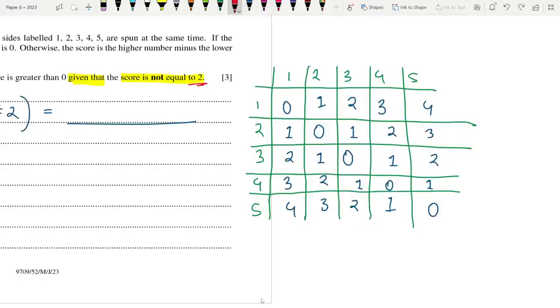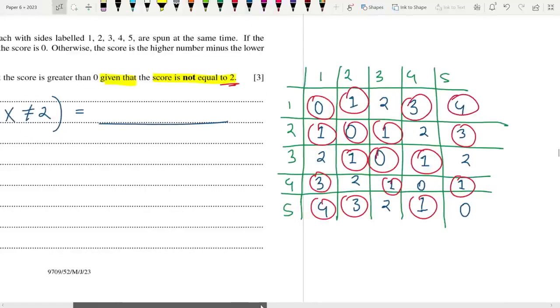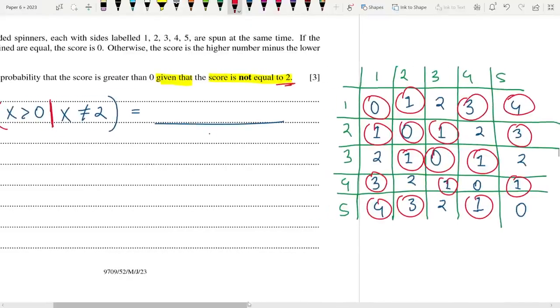So if I circle them, this is fine, this is fine, this is fine, this is fine, this is fine, this is also fine. It just can't be 2, yeah? So how many do we have in our condition where the score is not 2? It is 19 out of those 25 cases.